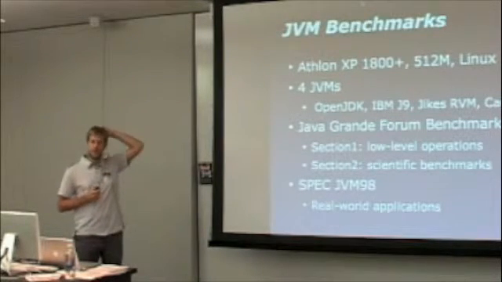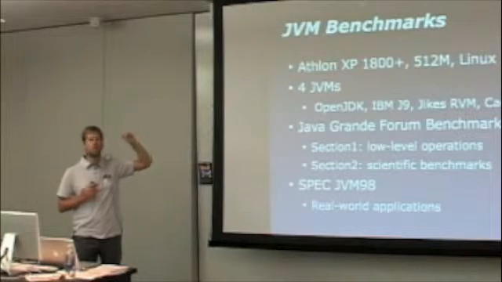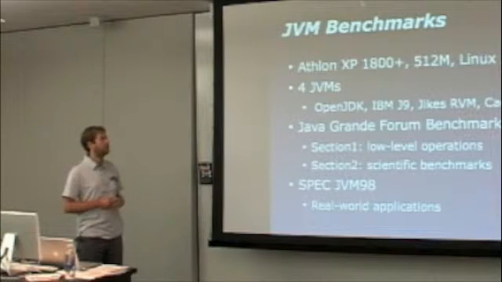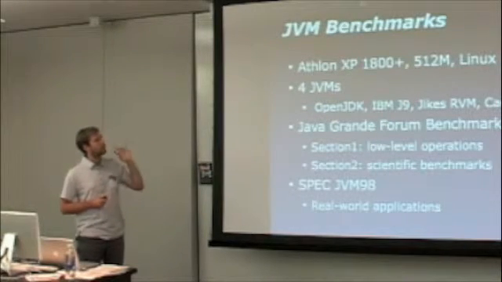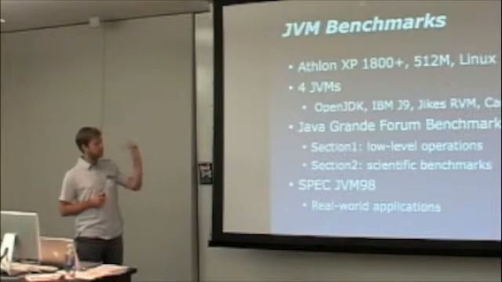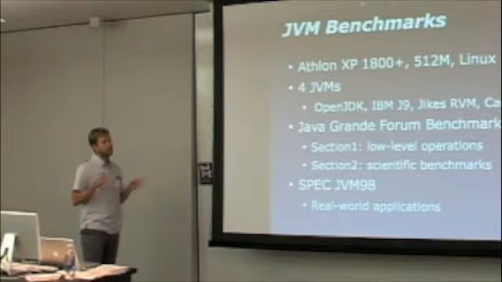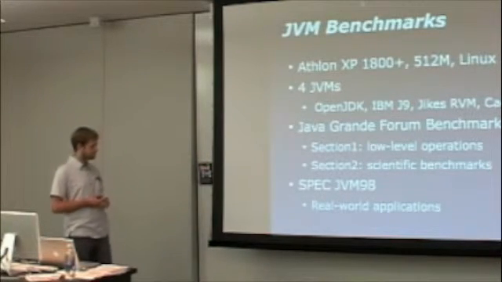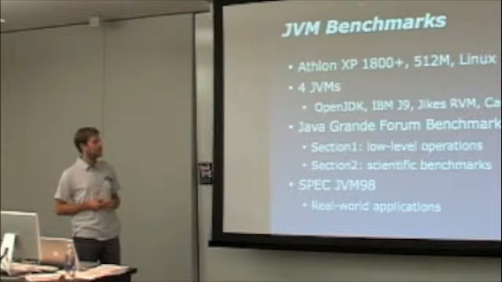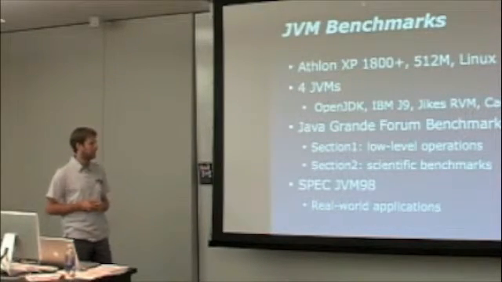We compared to 4 other JVMs: OpenJDK, which is Sun's implementation; IBM J9, which is one of the best JVMs in the industry, performance-wise; the JikesRVM virtual machine, which is led by IBM and written in Java; and the Kaffe virtual machine, which has the same number of developers as VMKit. We used 2 benchmarks: the Java Grande Forum benchmark, which benchmarks low-level operations and scientific applications, and the SPECjvm98 benchmark, which benchmarks real-world applications.